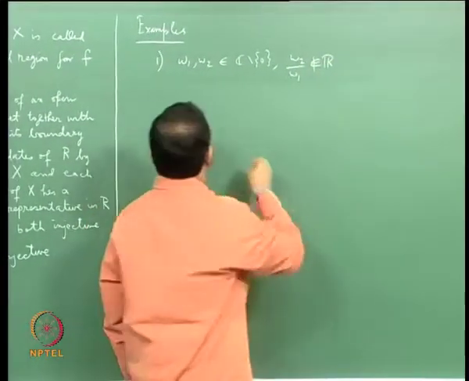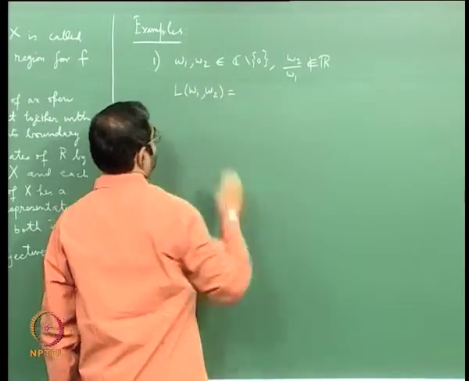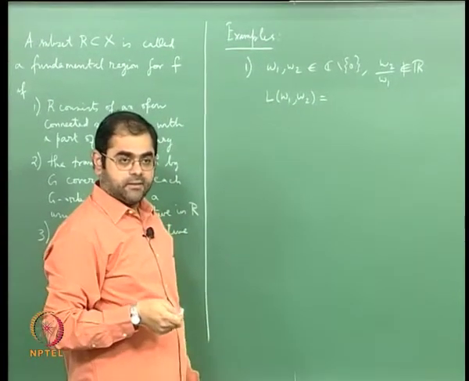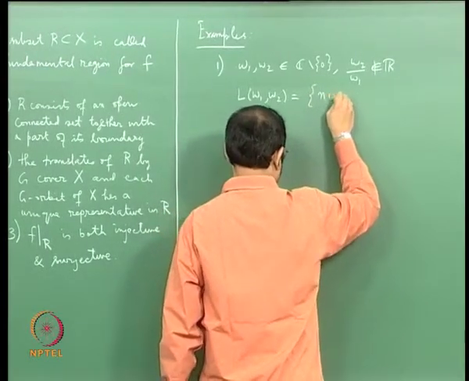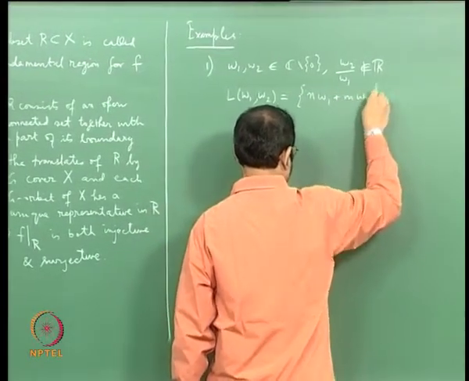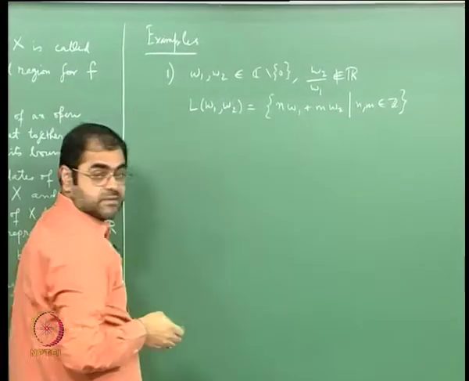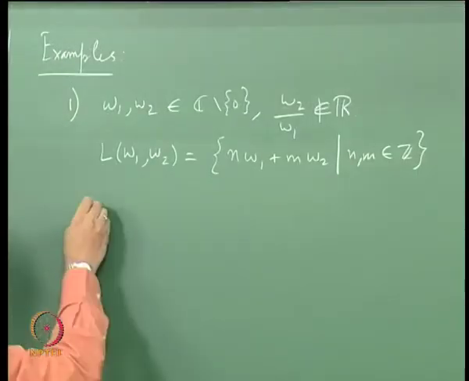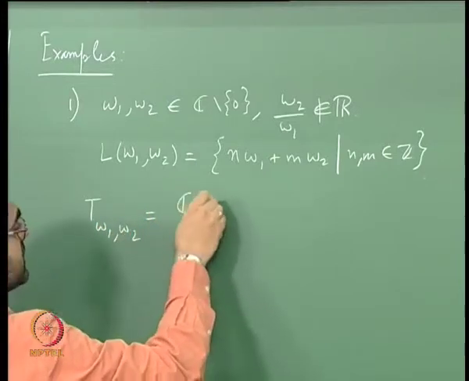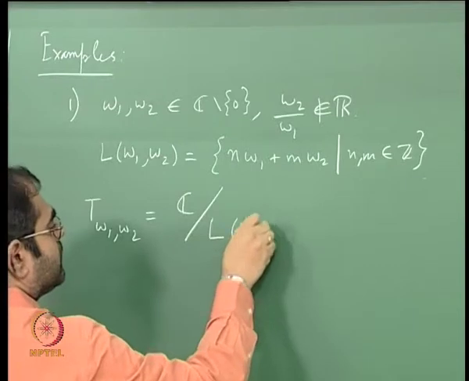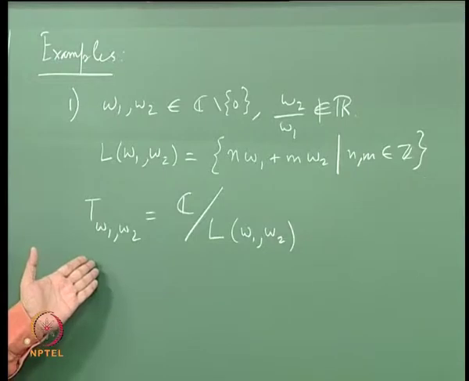Then you take the lattice L of omega 1 comma omega 2, consisting of integral combinations of omega 1 and omega 2, so it is n omega 1 plus m omega 2, where n and m vary over integers. Then I can define a torus using this lattice, namely I take T of omega 1 comma omega 2 to be the complex plane modulo this lattice. This gives me the complex torus defined by omega 1 and omega 2.